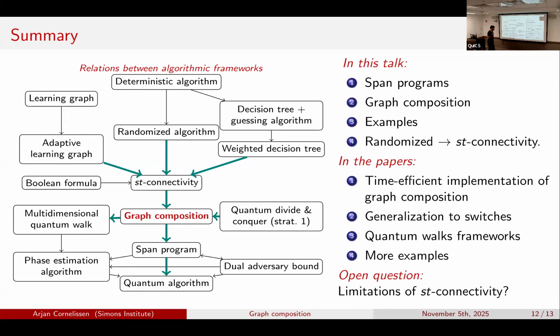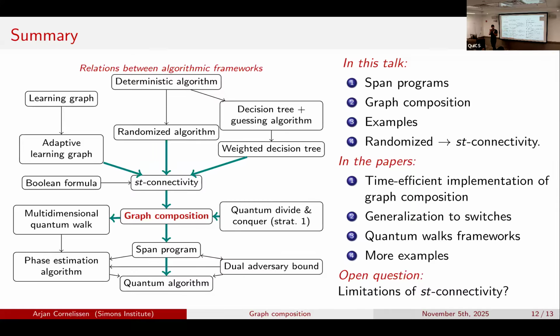And I would like to end with the biggest open questions that I still have. Actually, there are two open questions, and they're both related to this ST connectivity framework. We now know that ST connectivity sits in between randomized algorithms and quantum algorithms, right?